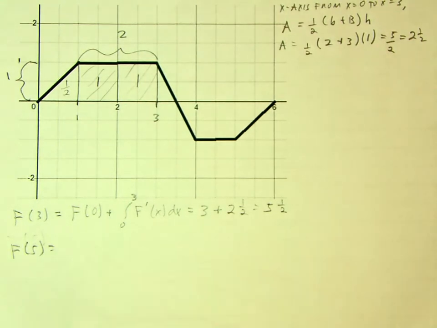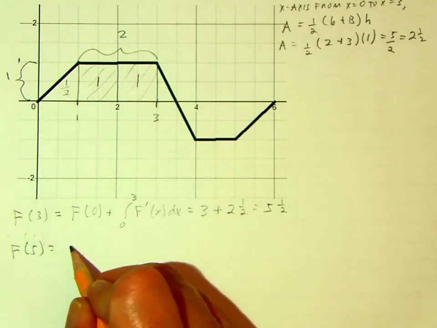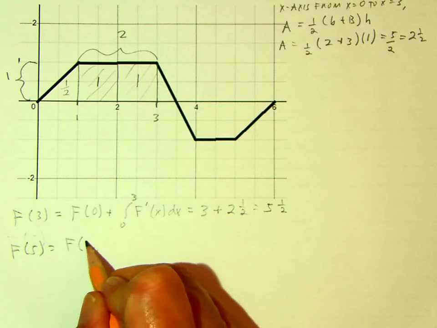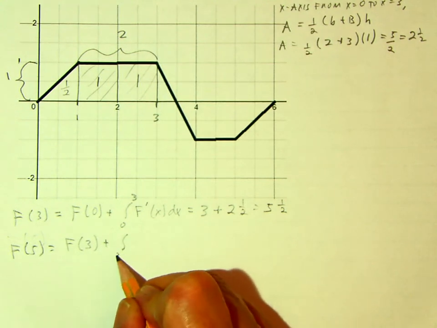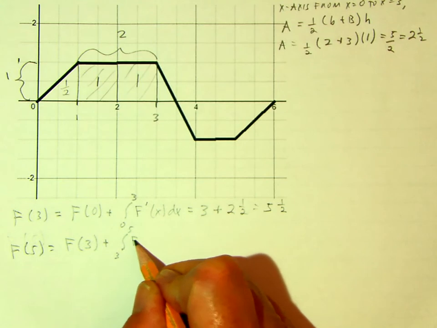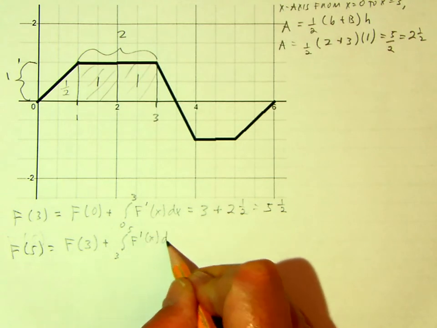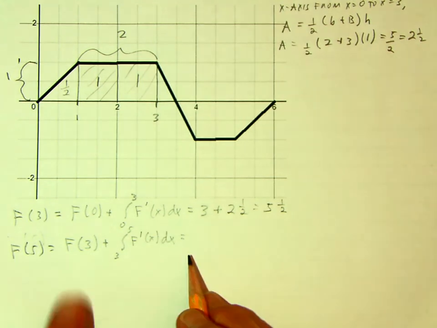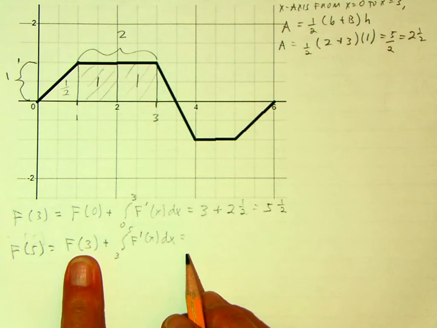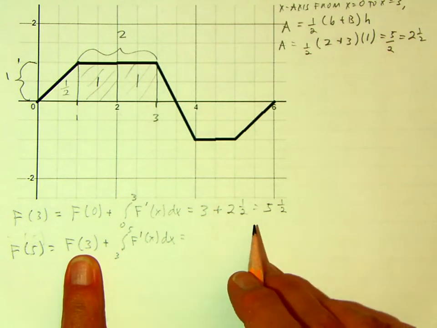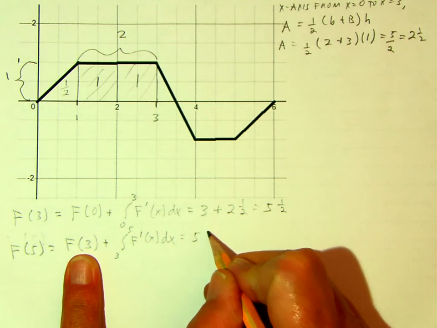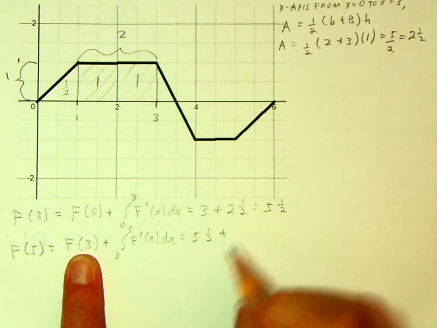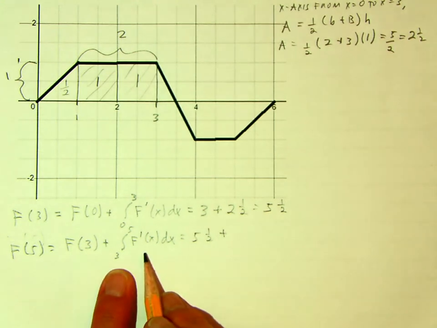Capital F of 5 would be F of 3 plus the integral from 3 to 5 of capital F prime of x dx. And we already know capital F of 3 because we just calculated it, plus the area from 3 to 5.